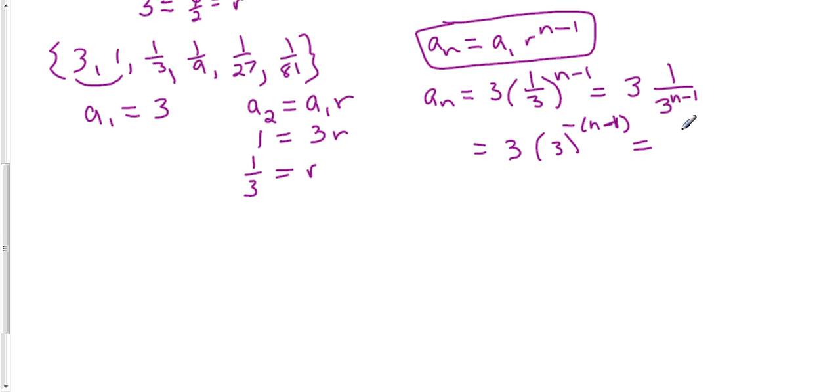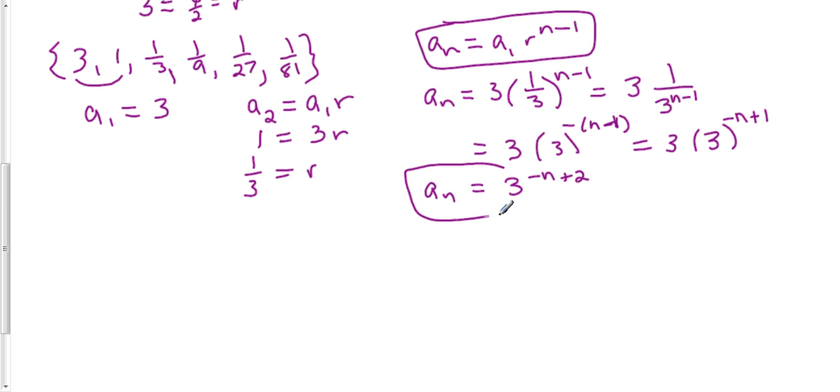And I can do a little simplifying here. I've got still my 3 out in front, my A1 term, times 3 to the negative n plus 1. And now I've got like bases. I have 3 to the 1 here, and I have 3 to the negative n plus 1 here. And I can combine those bases. So now I can say that an is equal to 3 to the negative n plus 2.